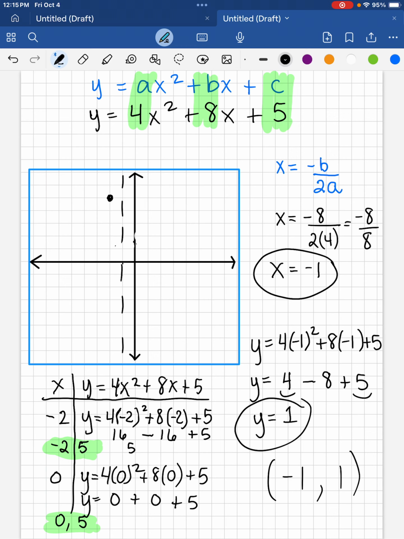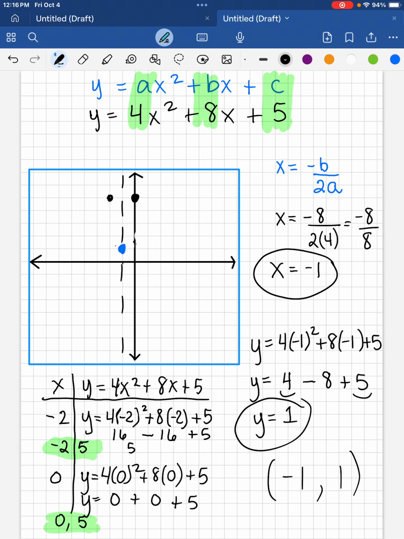All right, so -2, 5 was the first one, and then the other one was 0, 5. So, oops, I think I got rid of my blue vertex here. Let me put it back. It was -1, 1. There was my vertex. And then it was -2, 5. And then now I have 0, 5, which is right here.